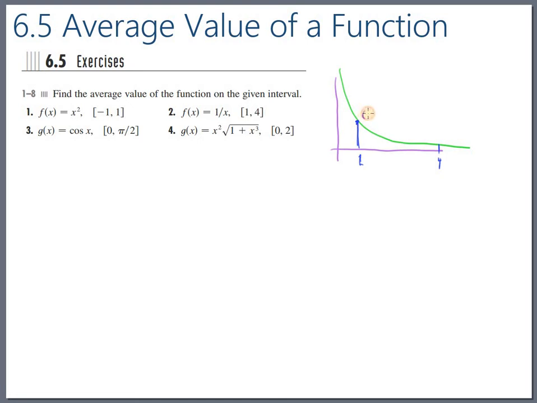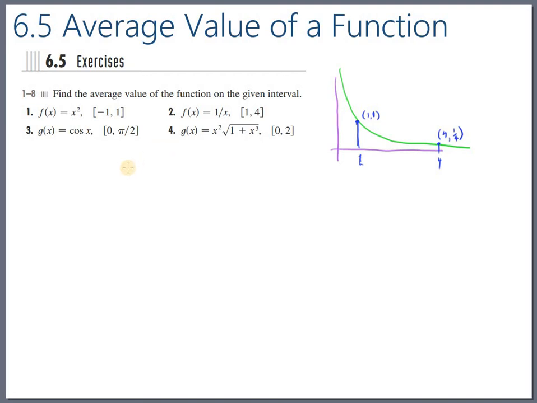Obviously at 1 it's at 1, and at 4 it's at 1/4. The highest it ever goes is 1, and the lowest it ever goes is 1/4. The average should be somewhere between 1 and 1/4. It kind of looks like it spends more time lower than it does higher, so I'm guessing the average is going to be closer to 1/4 than it is to 1, but let's find out.